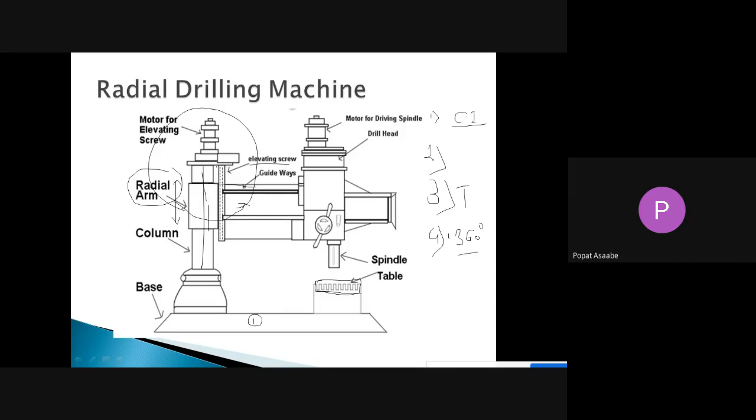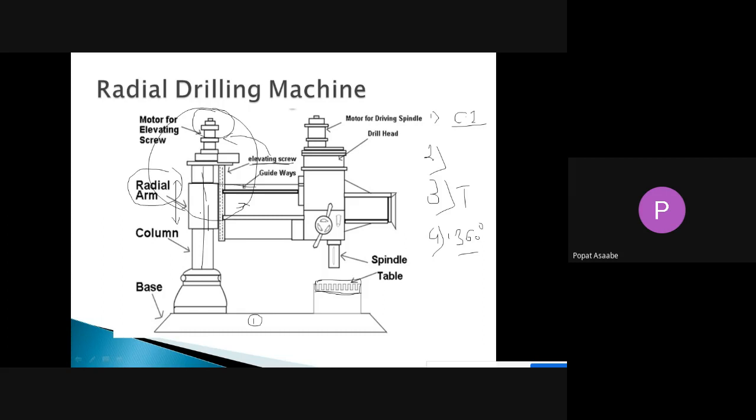To rotate this elevating screw we have used one motor here. With the help of that motor we can rotate this elevating screw, and with the help of this elevating screw we can move that radial arm upward and downward. Also we can rotate that radial arm 360 degrees around this vertical column. This is about the radial arm.